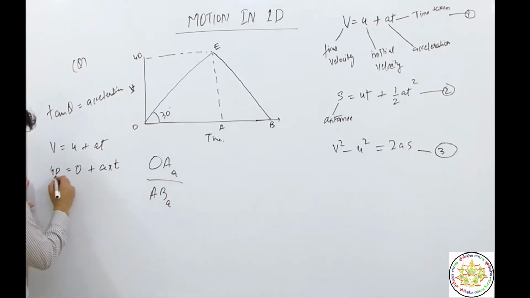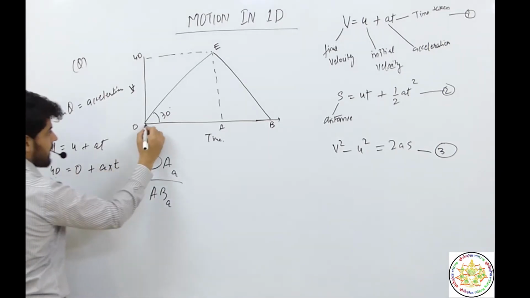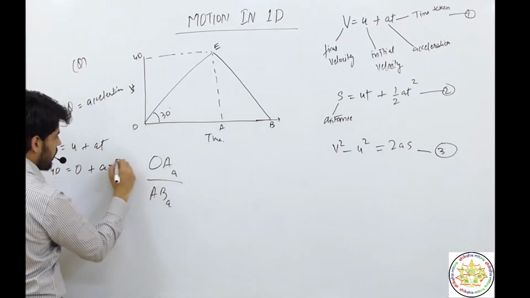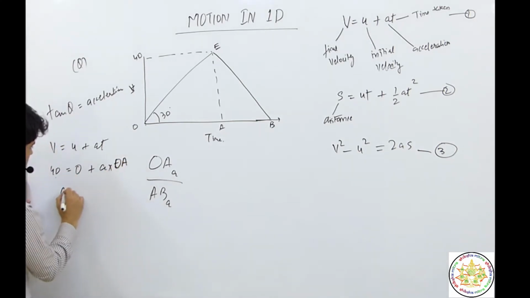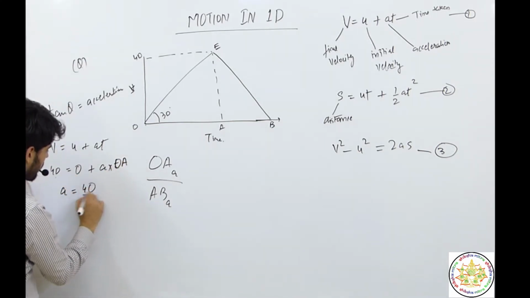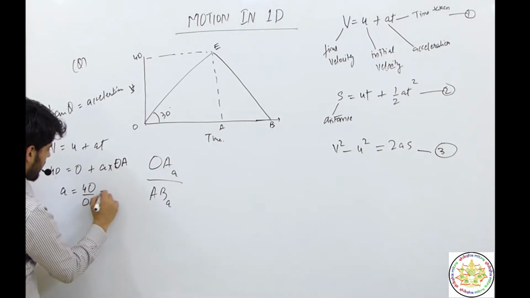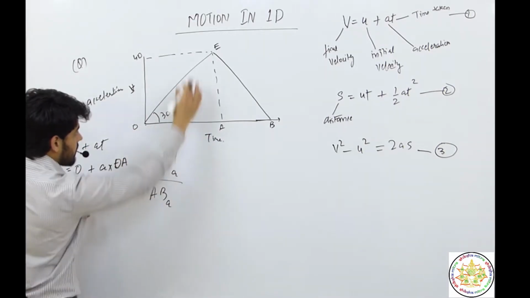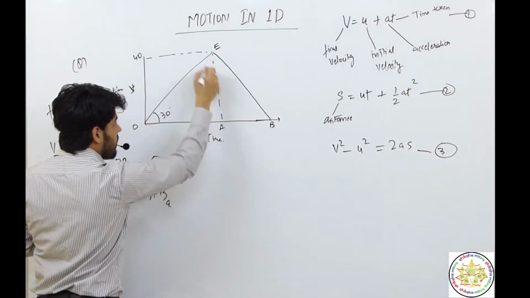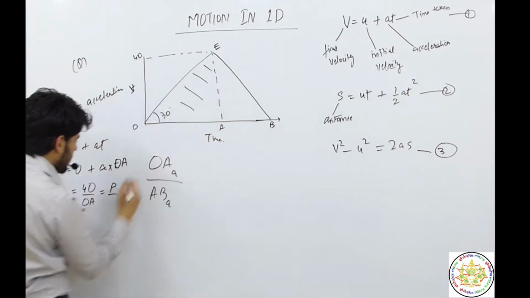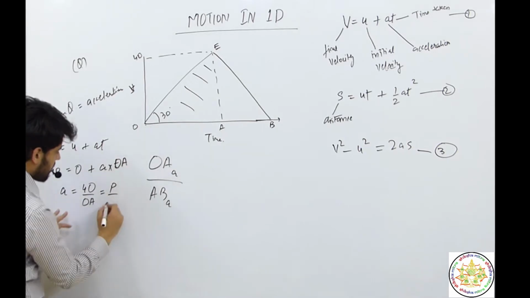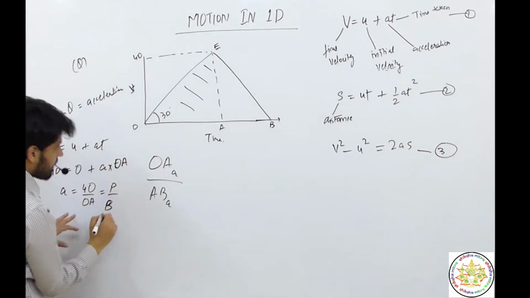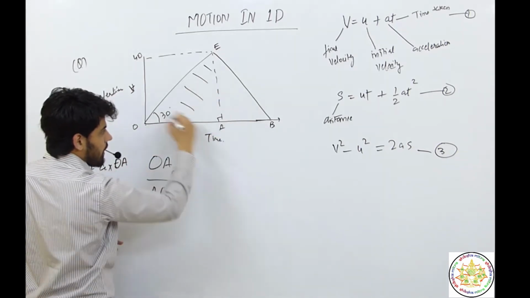Put T as OA. So acceleration comes out to be 40 by OA. 40 is the perpendicular height and OA is the base of this right angle triangle.